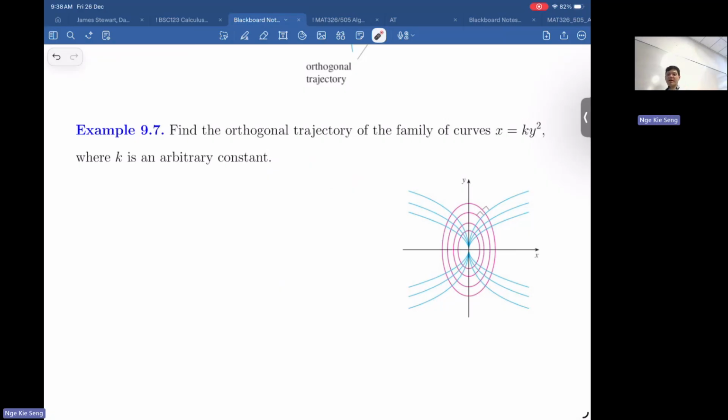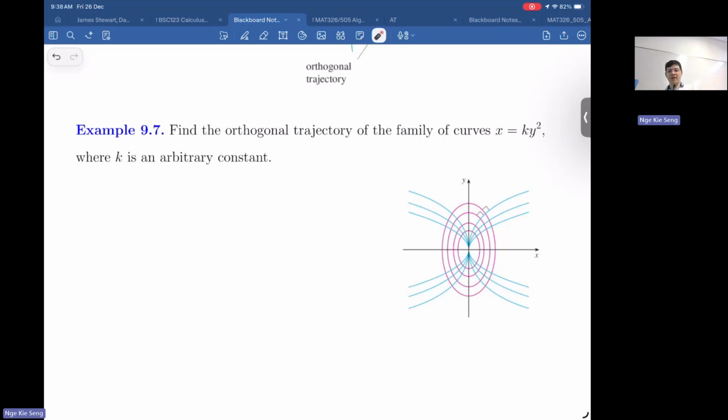Do you still remember how to check two lines are orthogonal to each other? What will happen if two lines are orthogonal? Maybe something on their gradient, or on the product of gradients. If two lines are orthogonal to each other, then the product of their gradients is -1. So this is how we figure out the orthogonal curve.